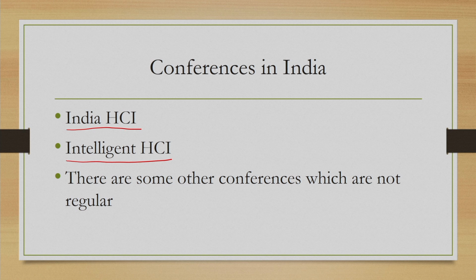These two are conducted by two separate bodies, but more or less every year these two conferences take place. Along with that, there are some conferences which are not so regular, maybe every few years these conferences take place. Their names also change, their organizers also change, but they are there. So, some sporadic conferences are there on related areas of user centric design.